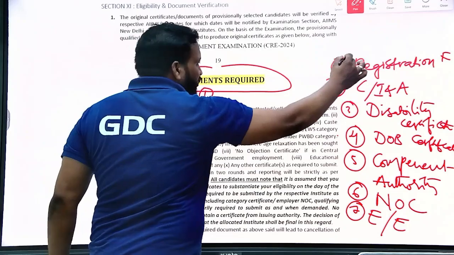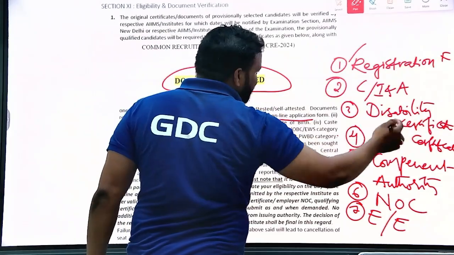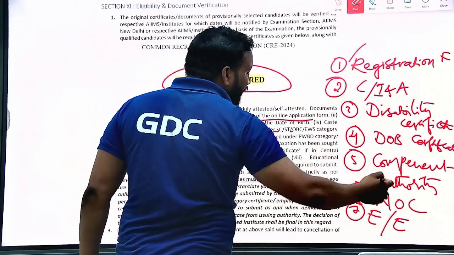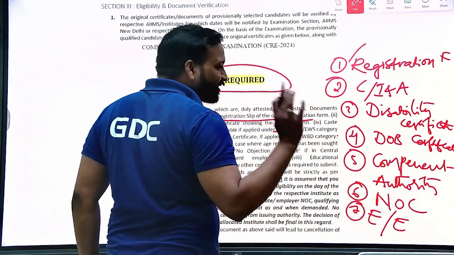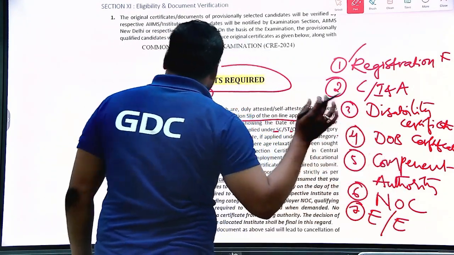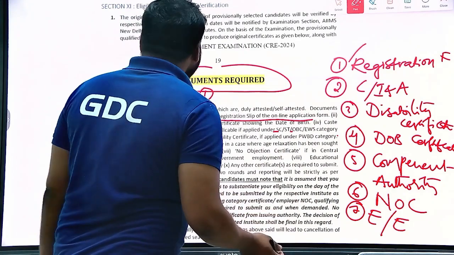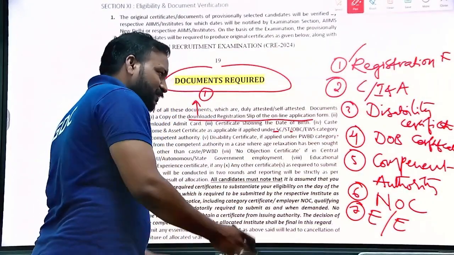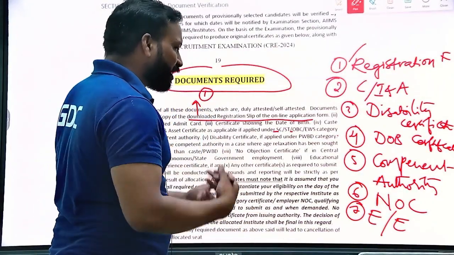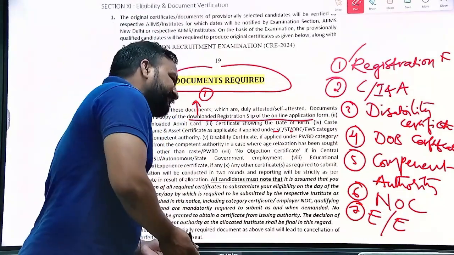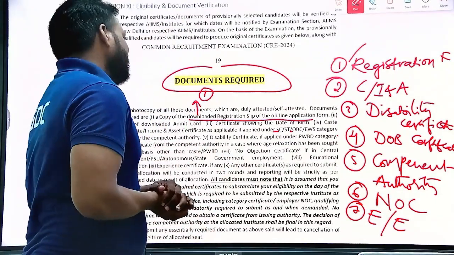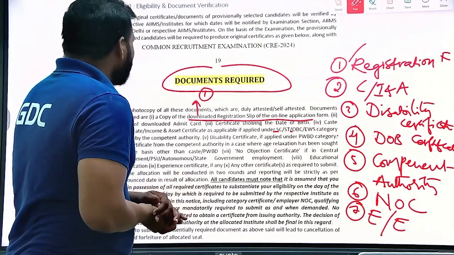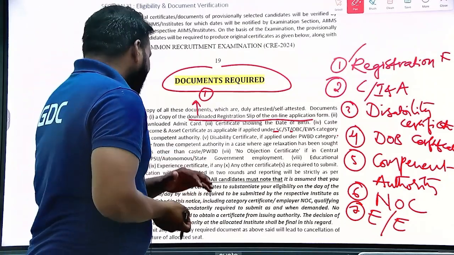To recap: registration form, caste and income and asset form, disability certificate, date of birth certificate, and if you are working in AIIMS or any other institute like ESIC, a certificate from the competent authority, plus the no objection certificate, educational qualification certificates, and experience certificates. These are very mandatory.